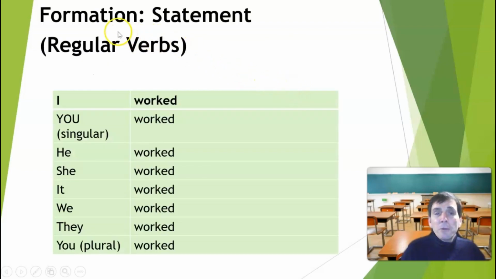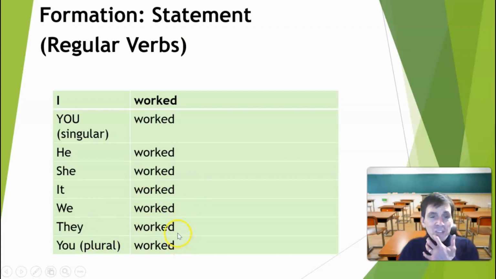Okay, now let's talk about the formation. And this is referring to regular verbs as a statement. I worked, you worked, he, she, it worked, we worked, they worked, you worked.